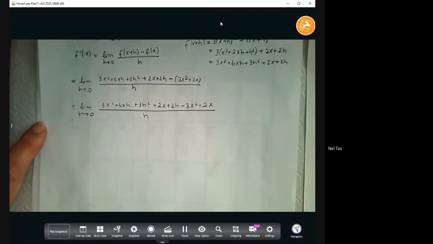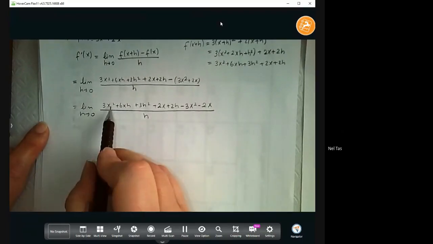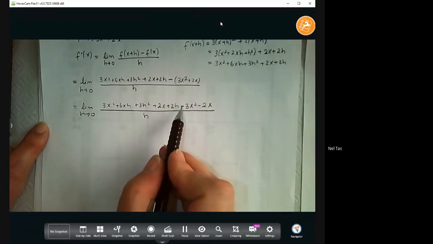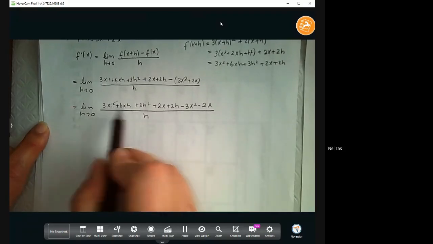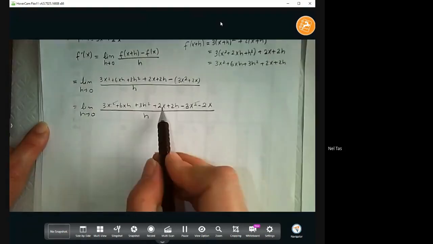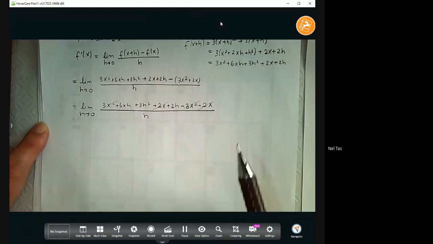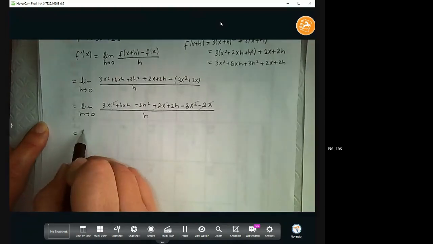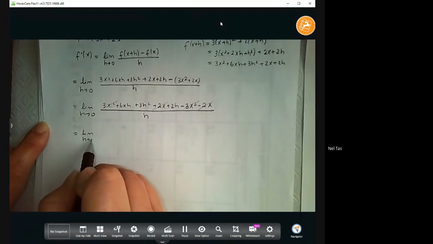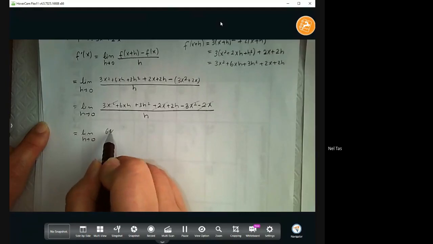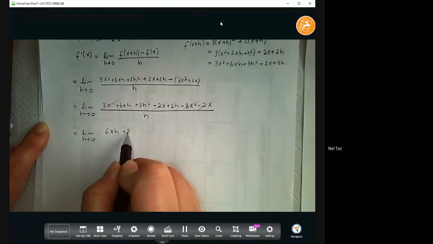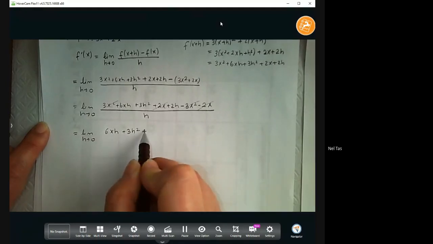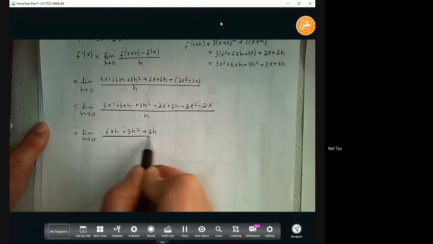Now when you look at it, as you see, 3x squared and negative 3x squared, and 2x and negative 2x are gone. So we have 6xh plus 3h squared plus 2h over h.